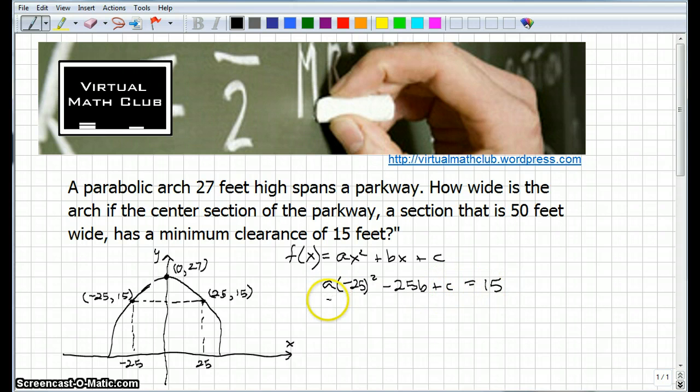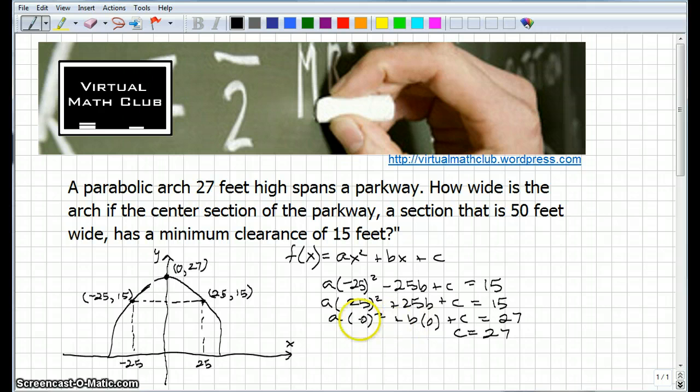And we would have a times 25 squared plus 25b plus c equals 15. Then for x equals 0, we have a times 0 squared plus b times 0 plus c equals 27. So there we can solve for c right away: c has to be equal to 27, because the other part is going to be 0.